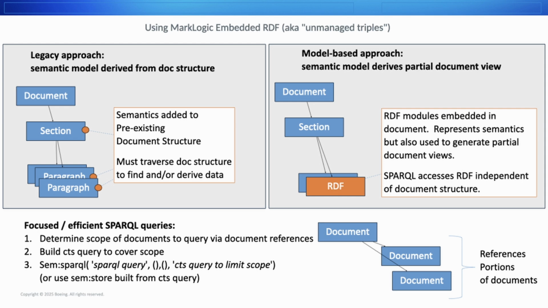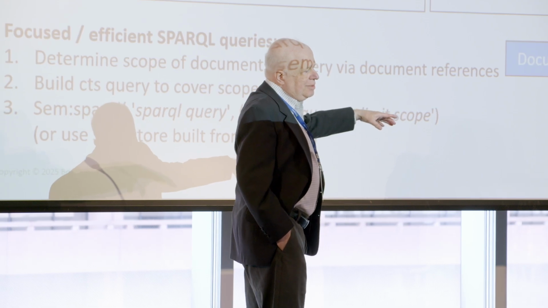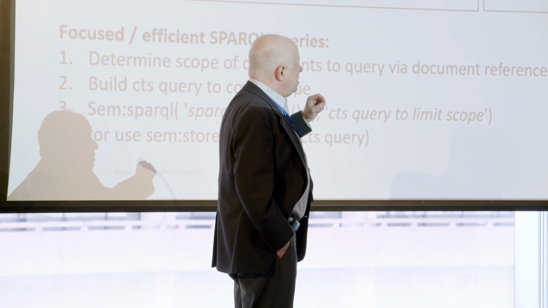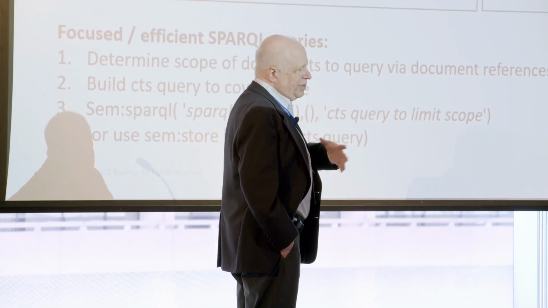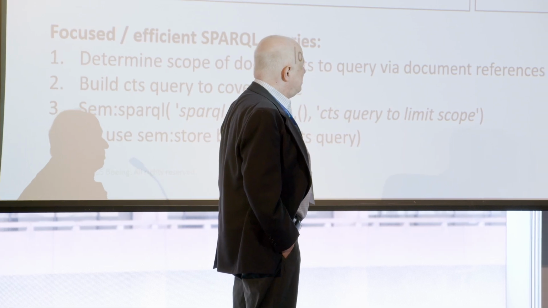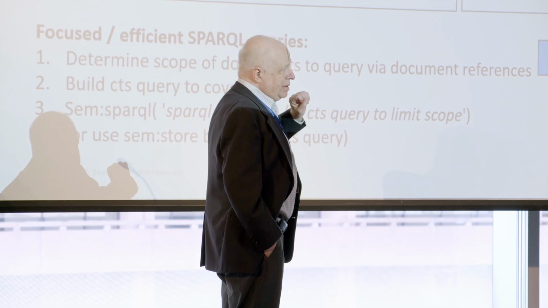The other part of this is when we write SPARQL queries. In our world, documents refer to other documents, like I showed in that one chart. So when we want to do a query to find the torque value for the nut, bolt, material stack-up combination, we already know the set of documents that are in scope.